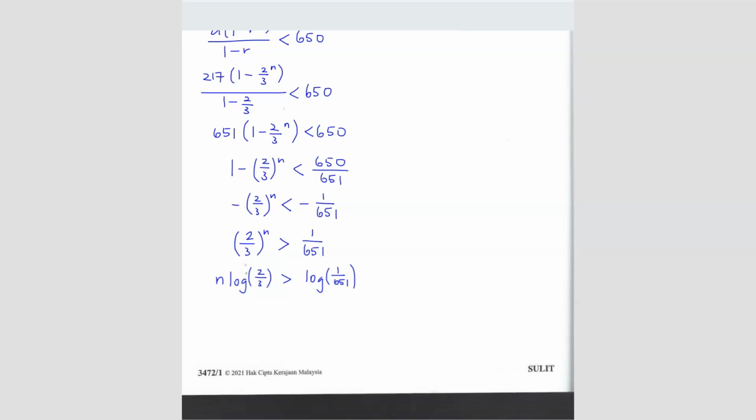So in this case the sign will change again. So n is less than log (1/651) divided by log (2/3). Okay, so you get your answer. n is less than 15.978, or you can approximate to 15. That's the largest value of n, the maximum value.